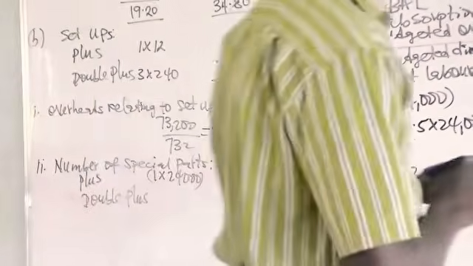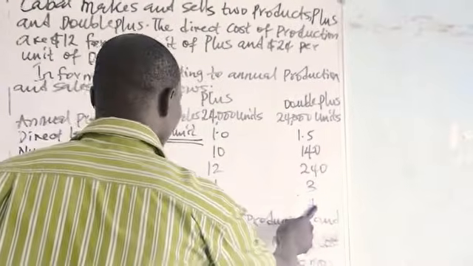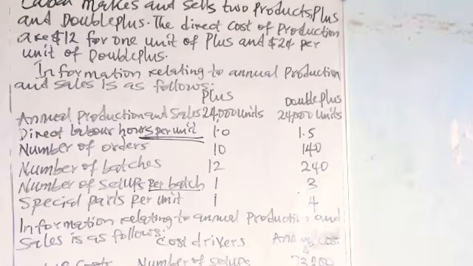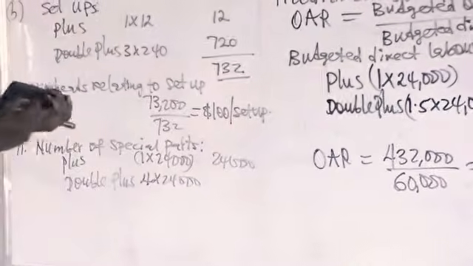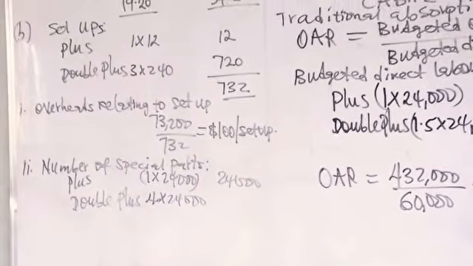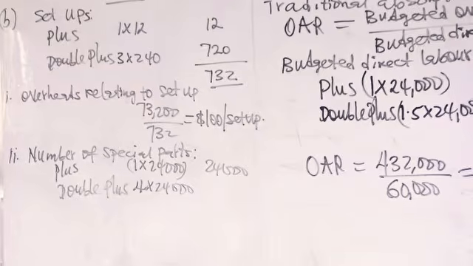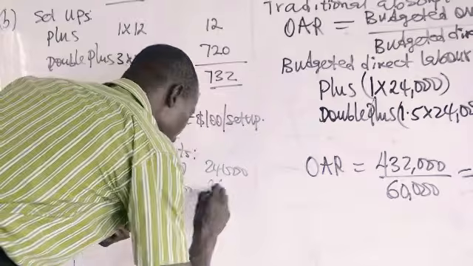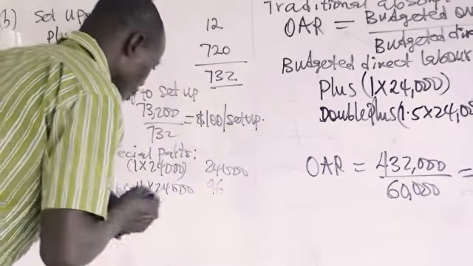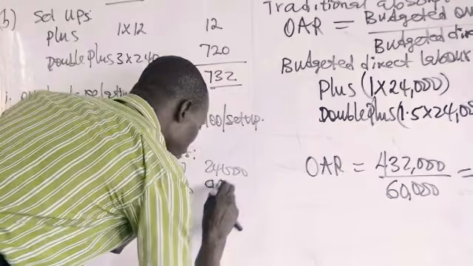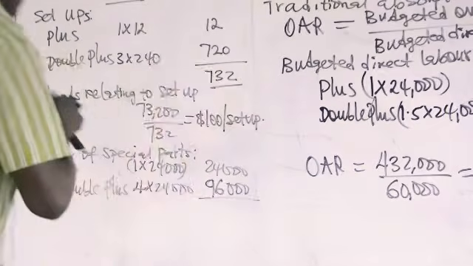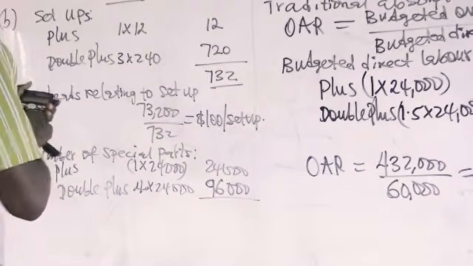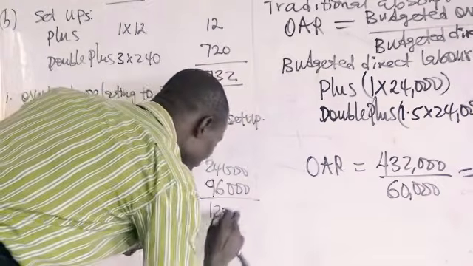Then we also have special parts, 4 times 24,000, that will give us 96,000. When you sum it up, that will be totaled 120,000.